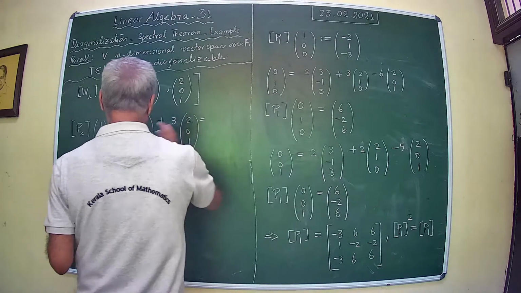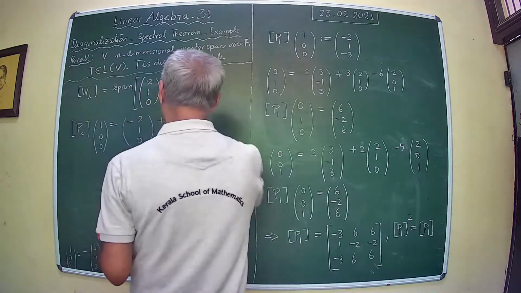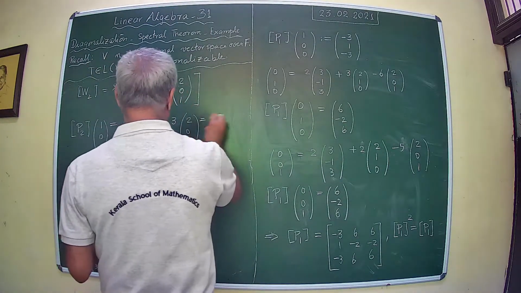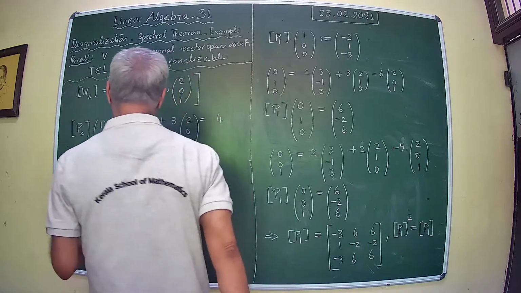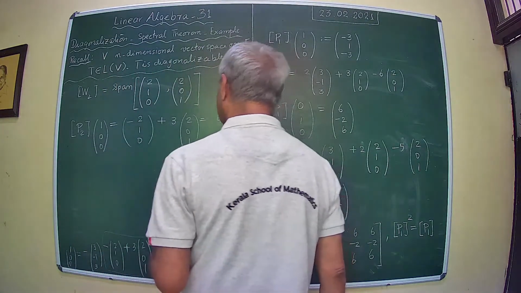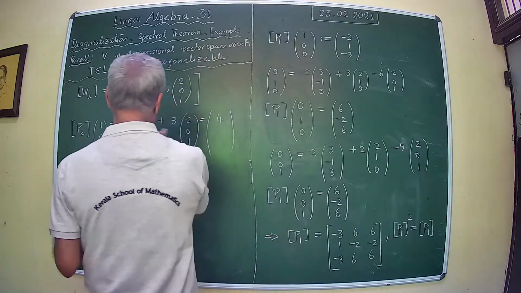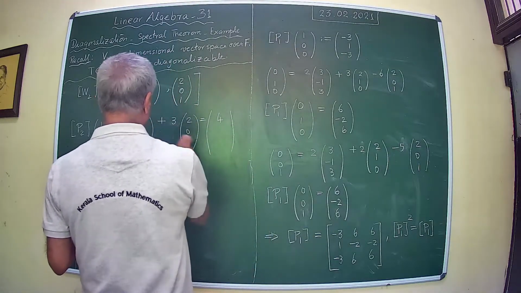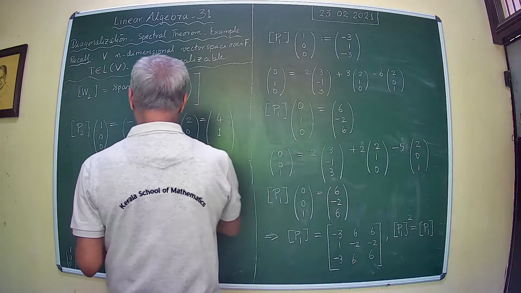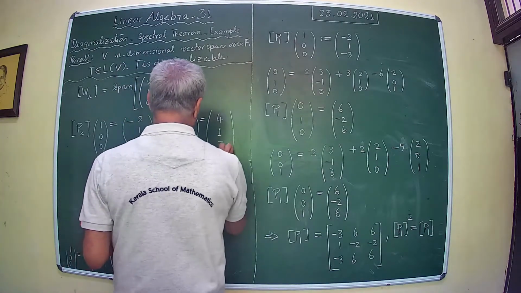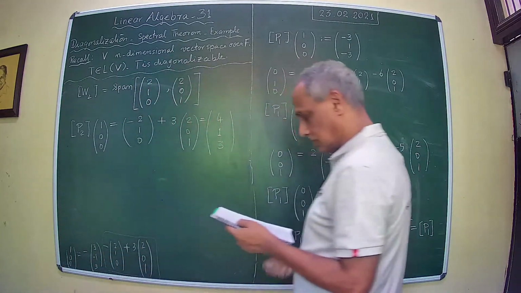That is equal to minus 2 plus 6, which is 4, then 1, and 3. This is 4, 1, 3.